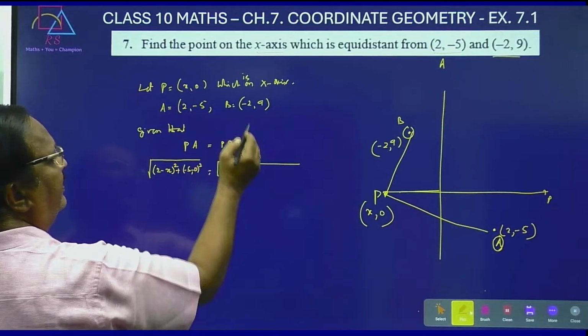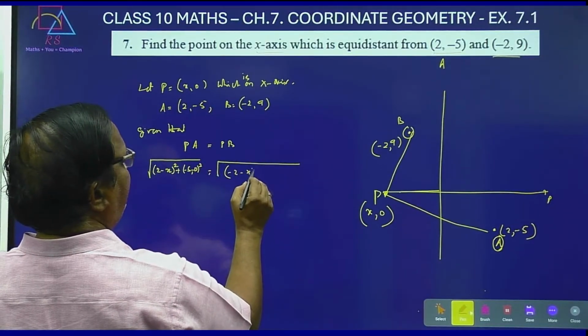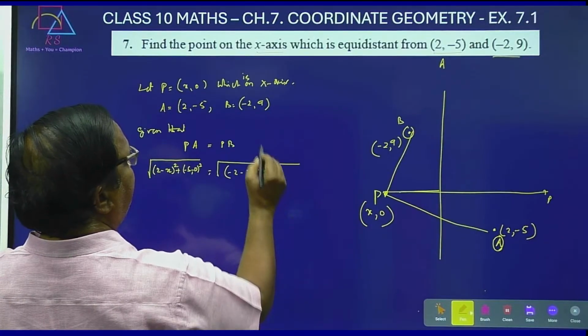And PB is the square root of minus 2 minus x whole square plus 9 minus 0 whole square.